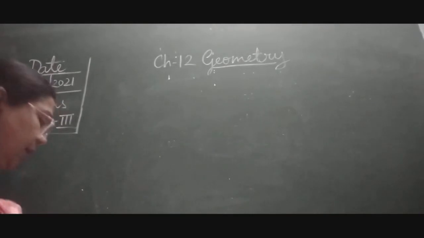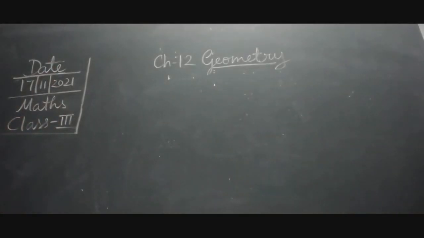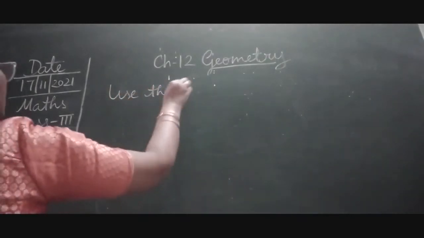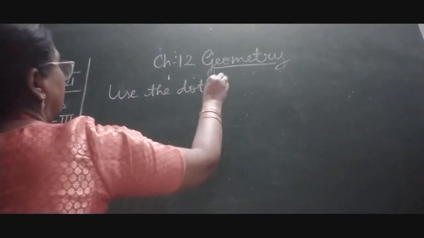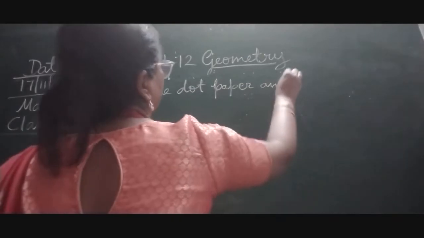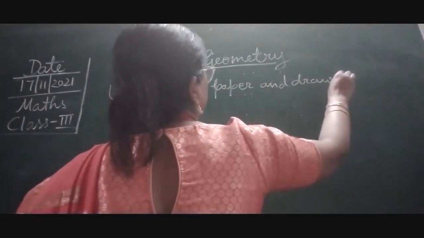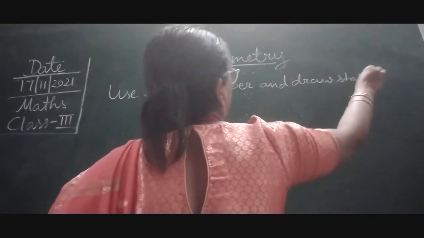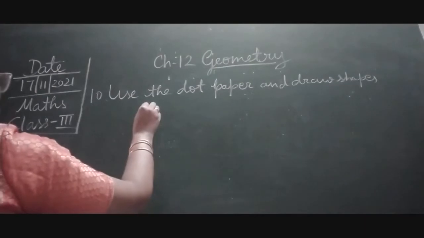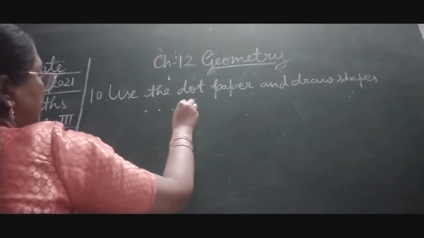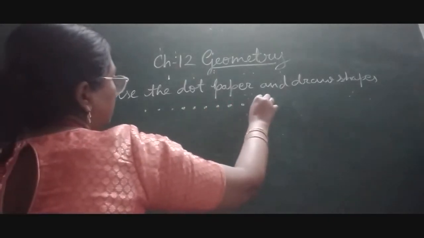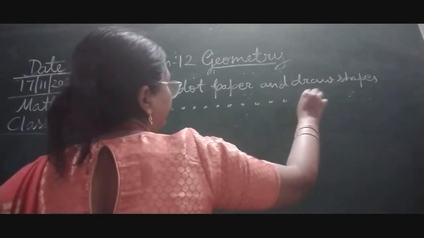So children, here use the dot paper and draw shapes. Okay, this is question number 10, and here I am just putting some dots over here, you can see, and with the help of these dots we will make shapes.